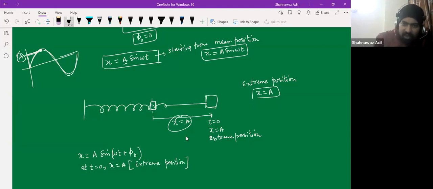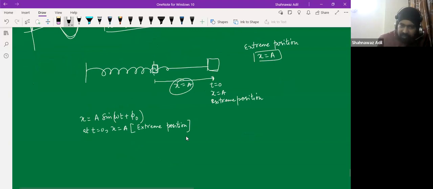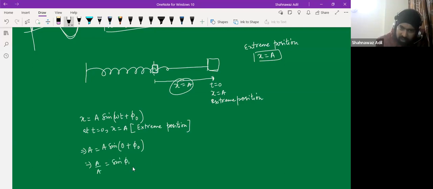At extreme position, we have x is a, and t is 0. So this would be a by a, this a goes to the other side. This is sine phi naught, and if we cancel this out, sine phi naught is 1.